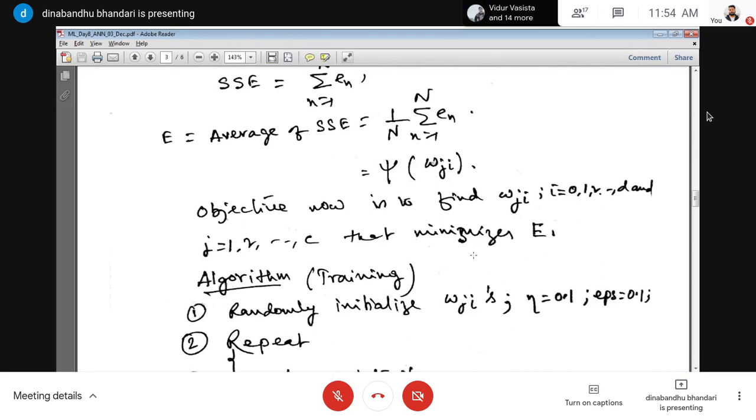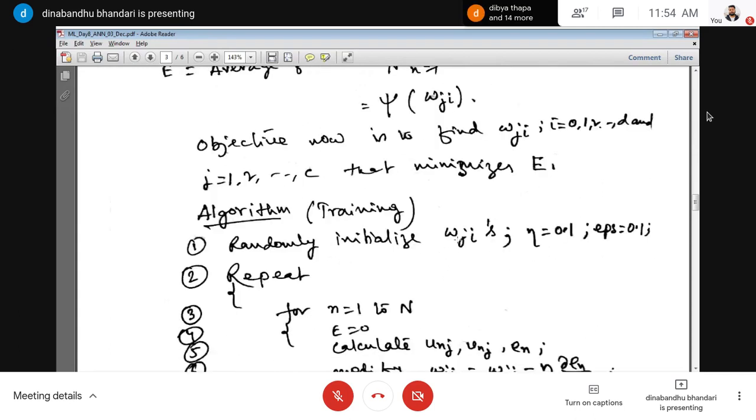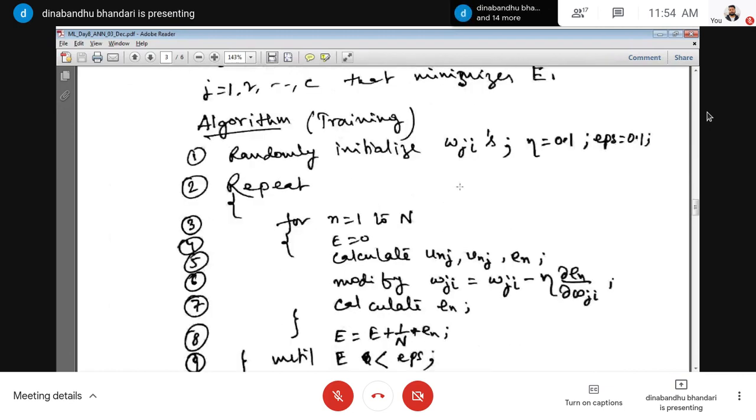But before I explain that particular technique, let me explain what the algorithm is. The algorithm for training this particular neural network model is this. You randomly initialize the Wji's, and there will be eta, a constant with this gradient descent. It can be 0.01; 0.1 is quite a high value in this case, 0.05 or 0.01 is okay.